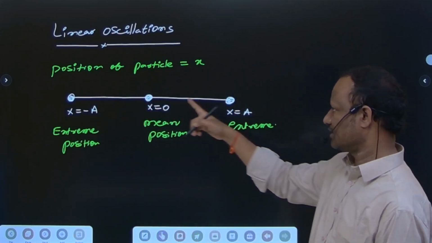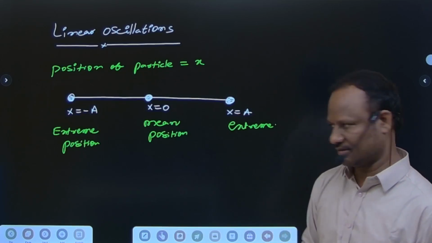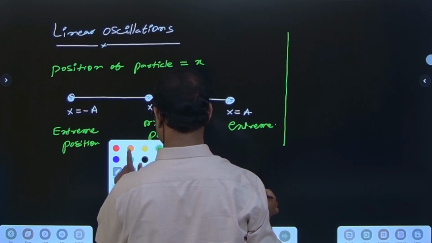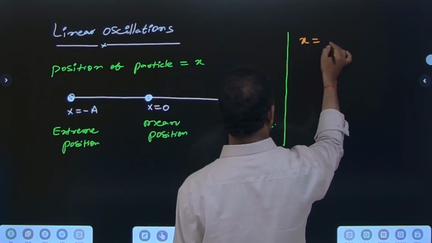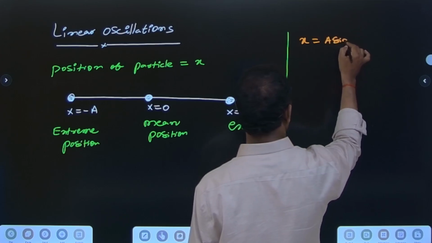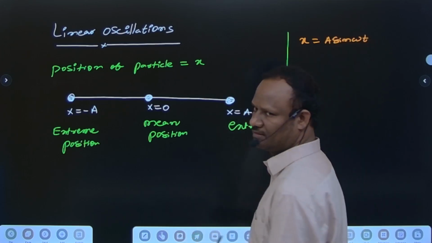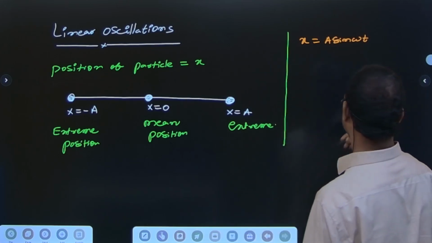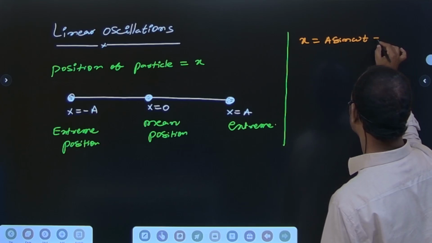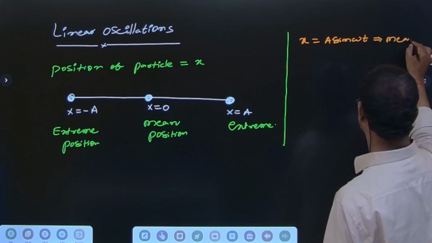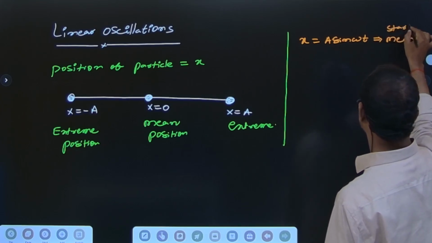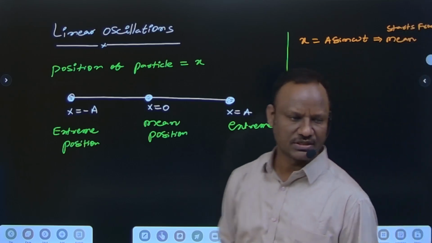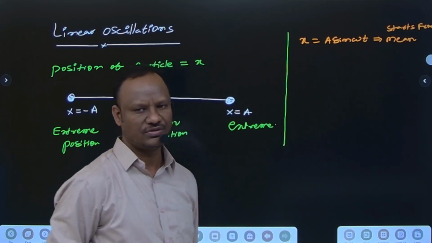Now we can say x equals A sine omega t. So x equals A sine omega t means the particle starts from the mean position. If it starts from the mean position, then we need to use this formula.